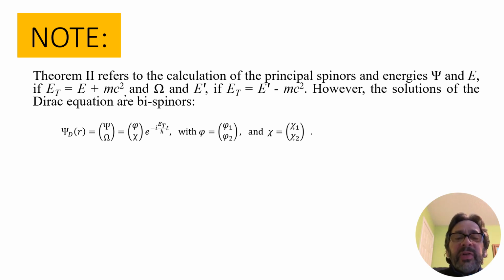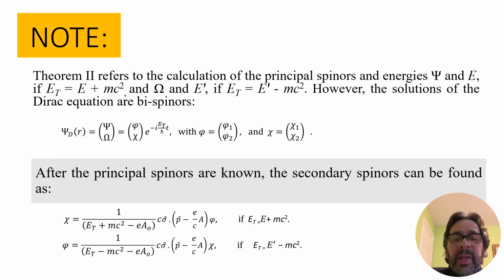Note: Theorem 2 refers to the calculation of the principal spinors and energies psi and E if the total energy is E plus mc², and rho and E prime if the total energy is E prime minus mc². However, the solutions of the Dirac equation are bispinors.